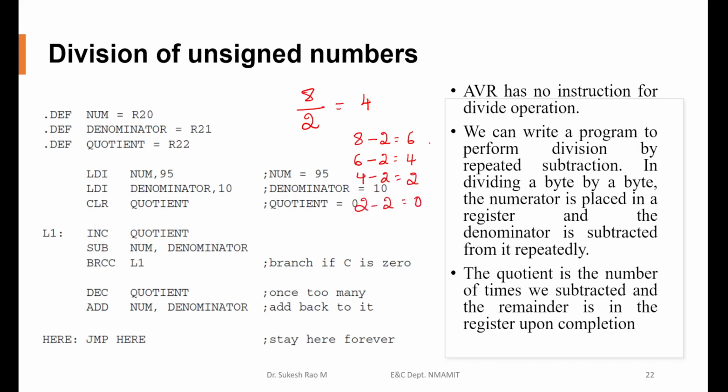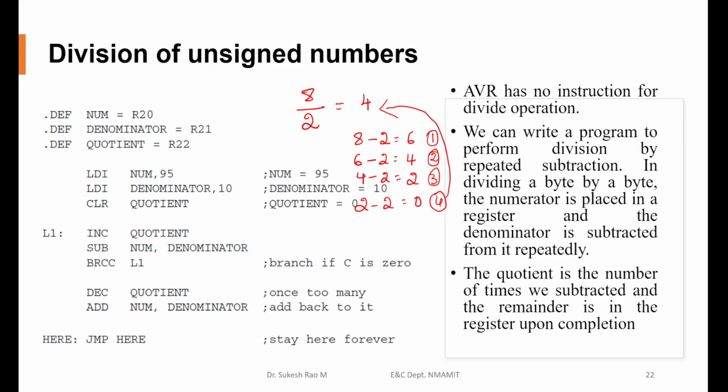Now, how many times did you perform subtraction until the number becomes 0? This is the first time, second time, third time, fourth time. So this 4 indicates the answer. You do a repeated subtraction and you get the answer.